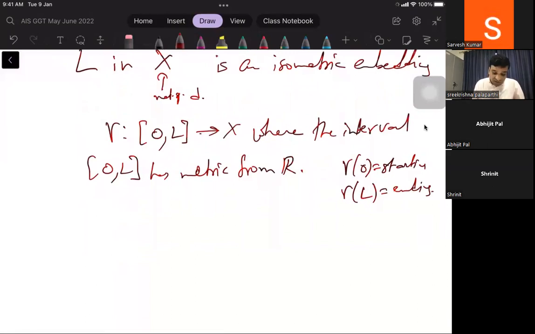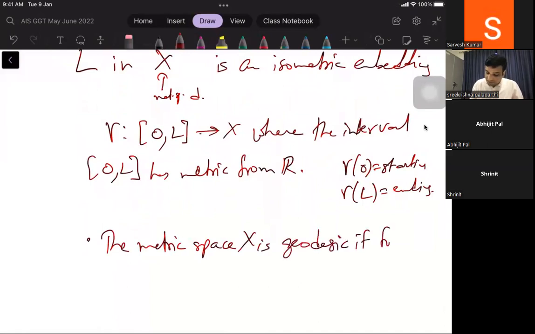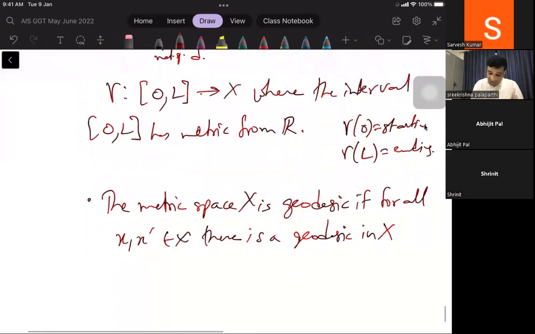The metric space X is geodesic if for all x and x prime in X, there is a geodesic in X with start point x and end point x prime.